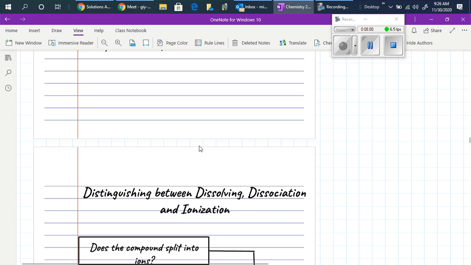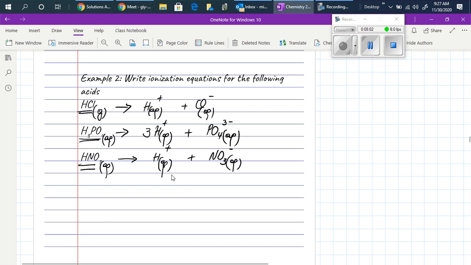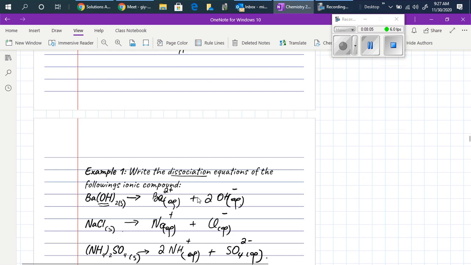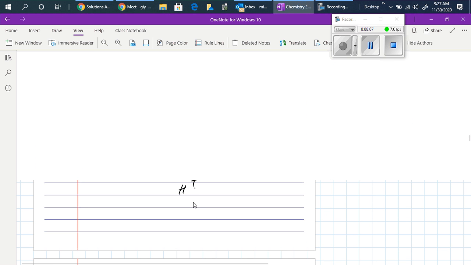Now let's stop a bit here and look at one part where we said that the ionic compound is soluble in water. What does that mean? For this, we will use the solubility table.